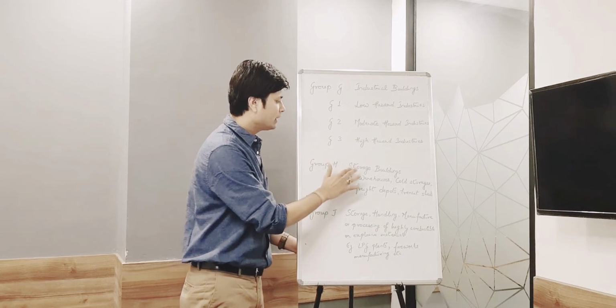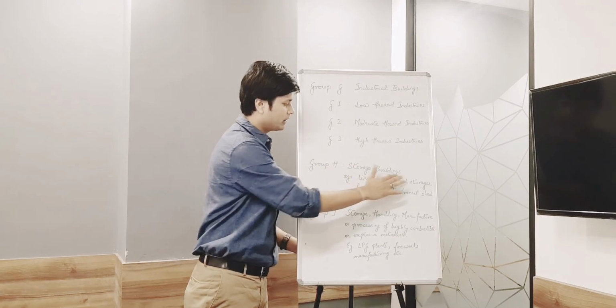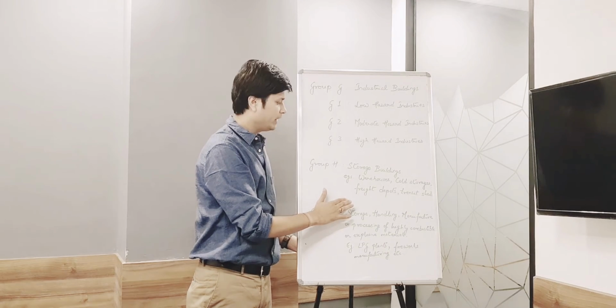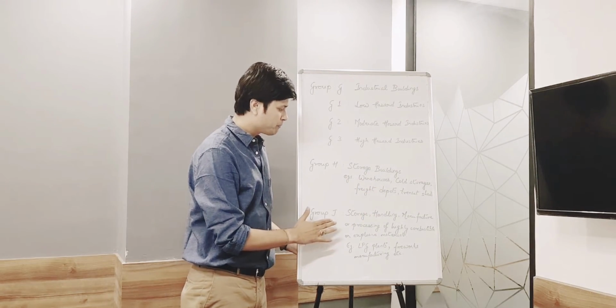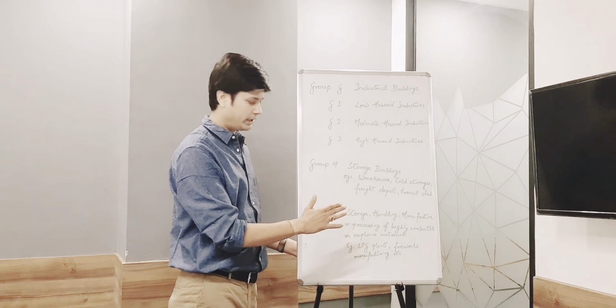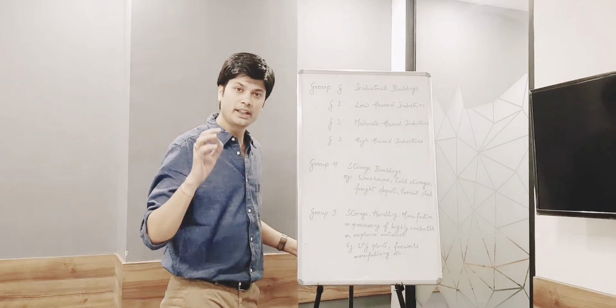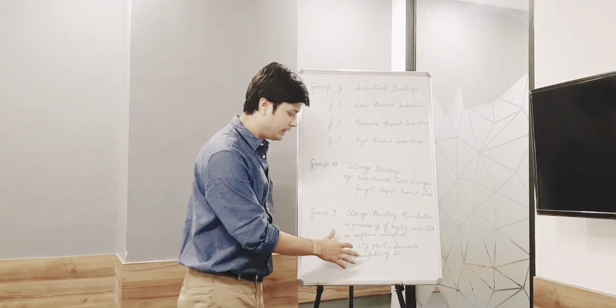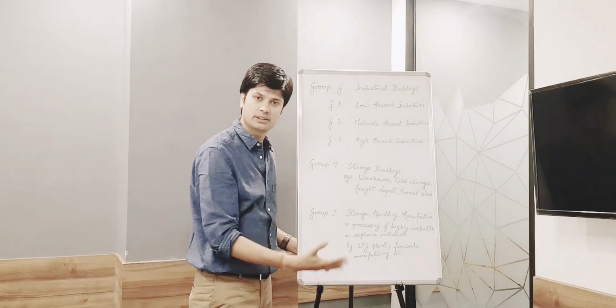Group H is for storage buildings. Storage buildings are like warehouses, cold storage, depots, transit sheds, etc. Group J represents storage, handling, manufacturing or processing of highly combustible or explosive material like LPG plants, fireworks manufacturing, etc.